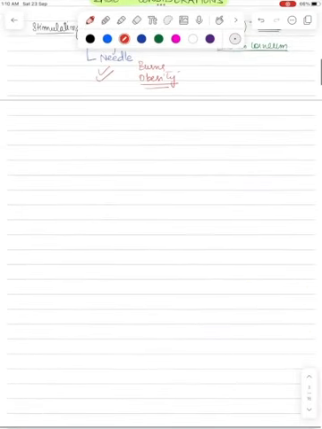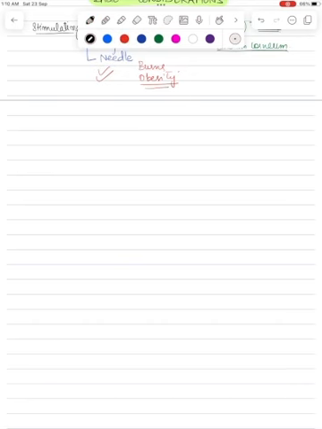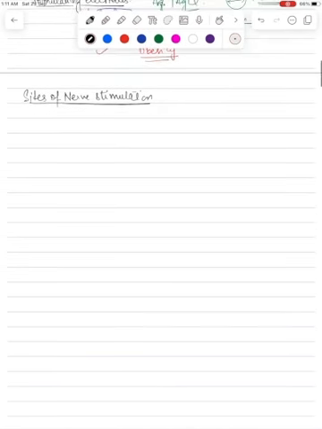Now, let's talk about the sites of nerve stimulation. Now, one very important thing to be kept in mind while selecting an appropriate site for monitoring is to avoid direct muscle stimulation.